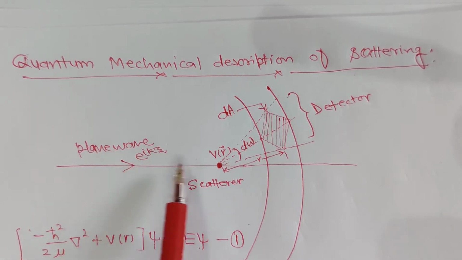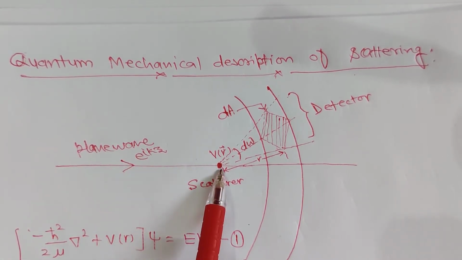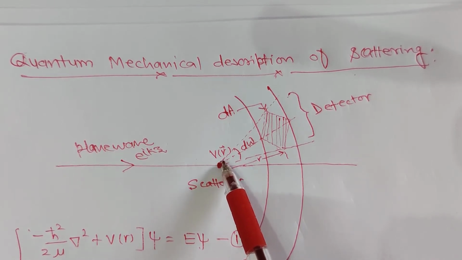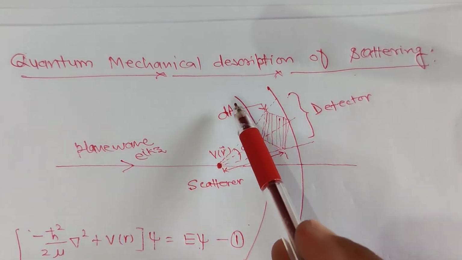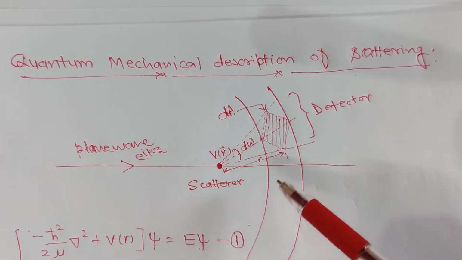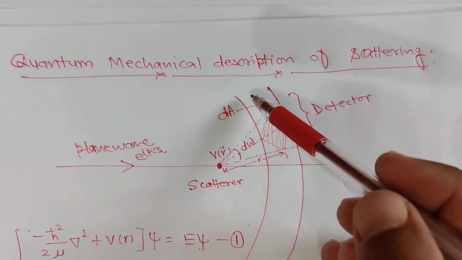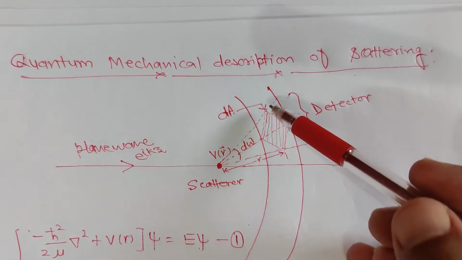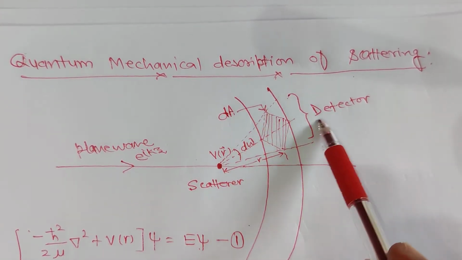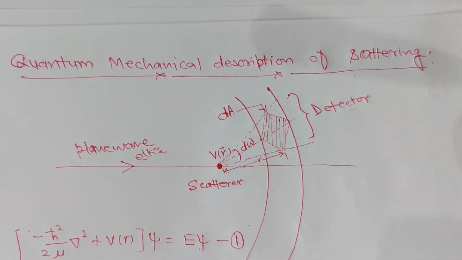When this plane wave is incident on this scatterer, the scattered wave is scattered spherically around the scattering center. This is the scattering center, and this is the spherical cross section in which the detector also lies.